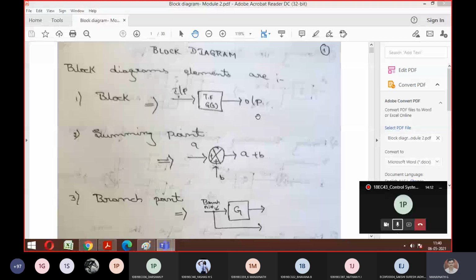Whenever you have complex networks, solving using differential and algebraic equations will be difficult. That time we always prefer the block diagram as well as the signal flow graph.